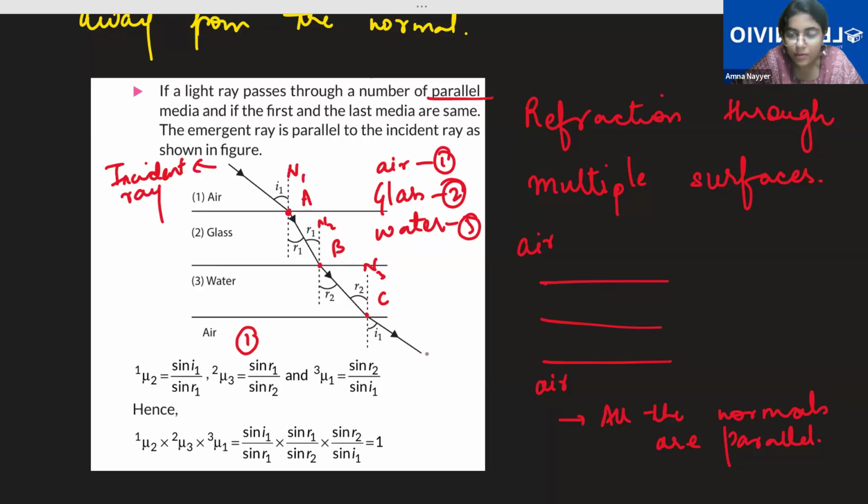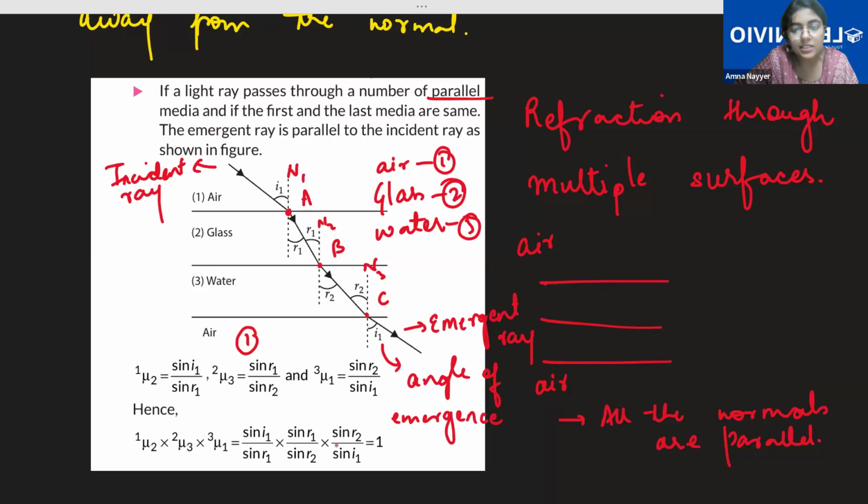The angle of incidence with which it entered is exactly equal to this angle of emergence. This ray which comes out is known as the emergent ray. The final refracted ray is the emergent ray, and this angle is known as the angle of emergence.